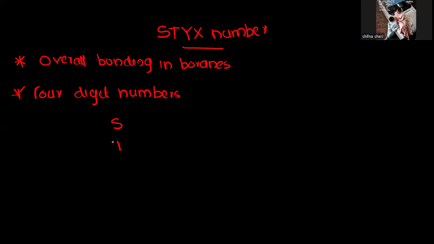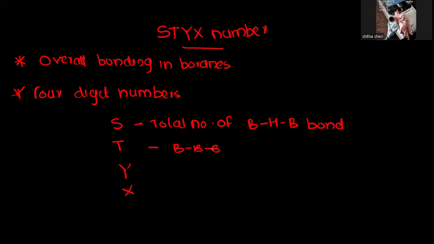So we need to know what is S, what is T, what is Y, and what is X. S denotes the total number of BHB bonds, and T is the total number of BBB bonds. Y is the BB bonds, how many BB bonds are present in the particular borane, and X is the BH2 groups.